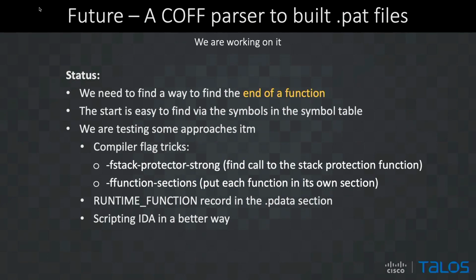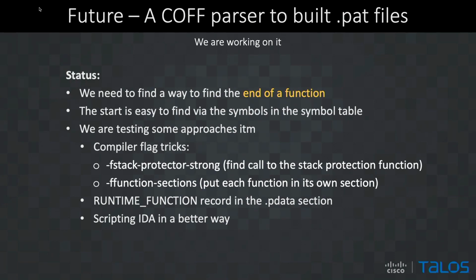I think the function-sections one is not really working because on Windows it behaves differently than on Linux. On Linux, it really generates one section per function. And the initial idea of it is that the linker can just pick the functions which are really needed in the program, and it can leave out all the others. So the idea behind this switch is to shrink the size of the executable.